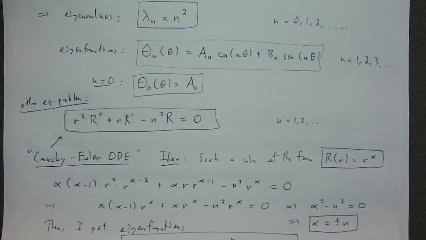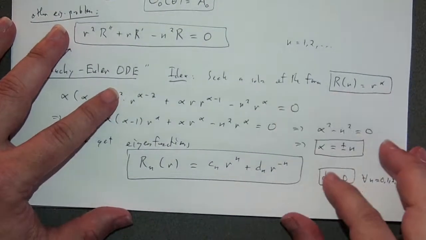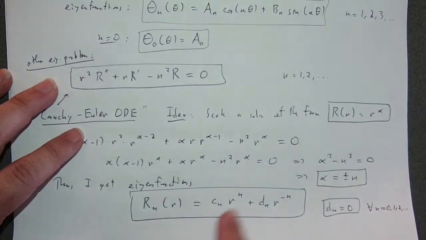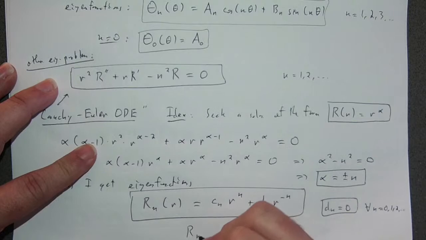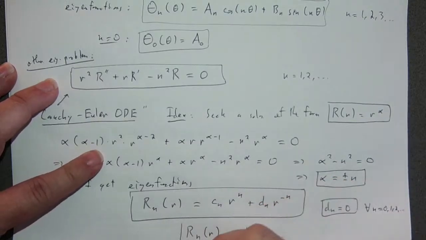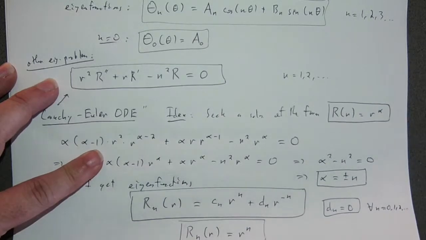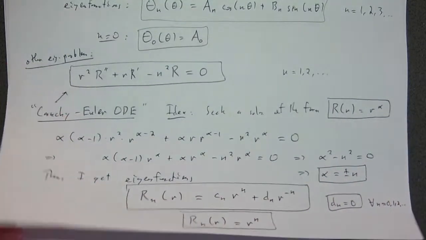And so for our admissible solutions, we can set c sub n equal to 1 if you like, because these are eigenfunctions, they're going in a product, and there's going to be coefficients anyway. So the eigenfunctions in question that we end up taking are these r to the n's. These end up being the ones we want.